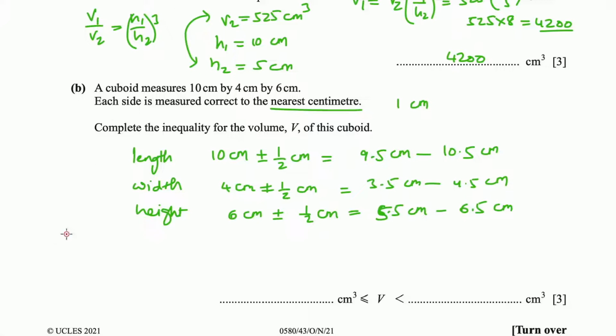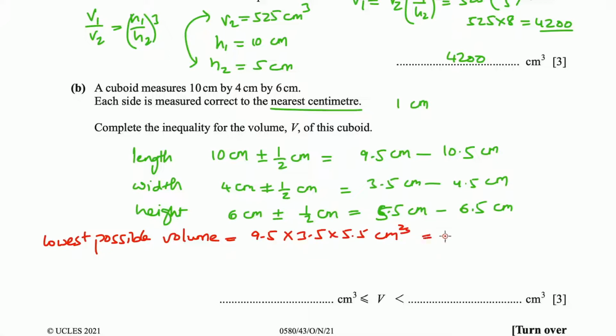So the lowest possible volume would be all the smallest values. So 9.5 into 3.5 into 5.5 centimeter cube, because this is the volume, and that value is 182.875 centimeter cube.